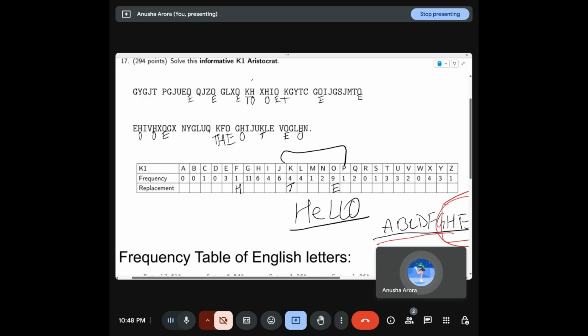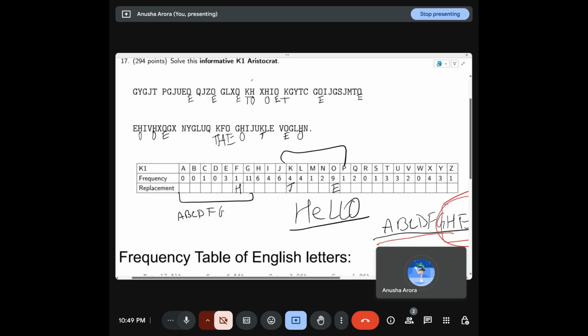In fact, if I were to count A, B, C, D, F, G, H, so no. So out of this, A, B, C, D, we have E, so F, G, and H is there.